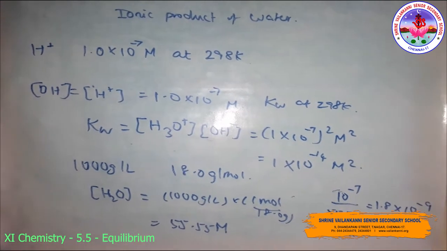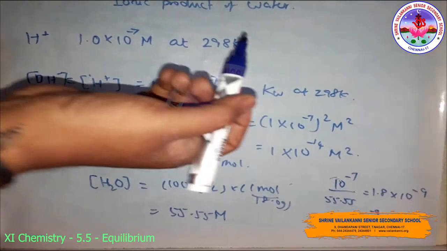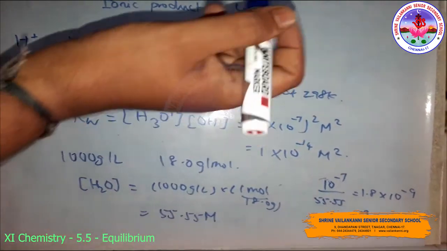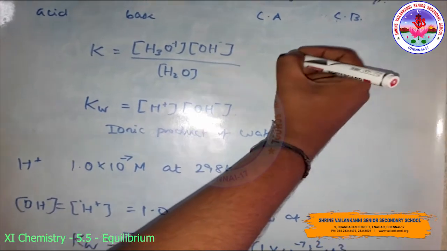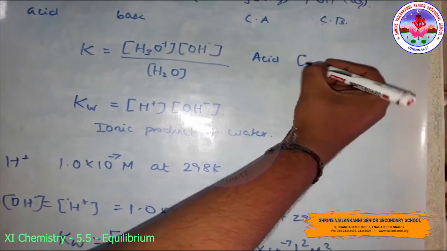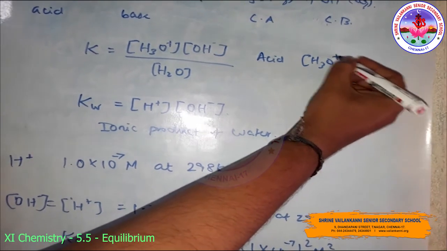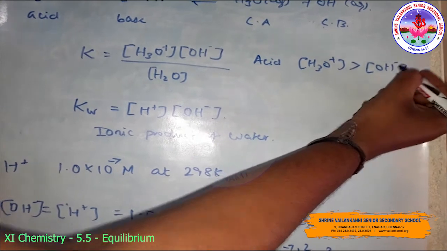We can distinguish acidic, neutral and basic aqueous solutions by the relative values of hydroxide ion and hydronium ion concentrations. For acidic, H3O plus is greater than OH minus.